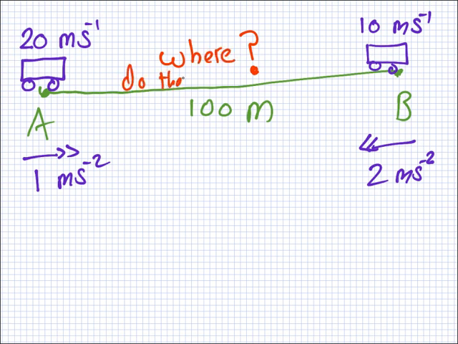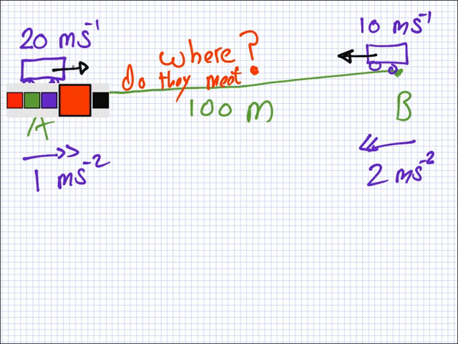Is the speed towards the right or the left? Sorry, this is heading to the left at 10, and this is heading to the right at 20. Does the acceleration due to gravity affect them? No, it's just horizontal ground.